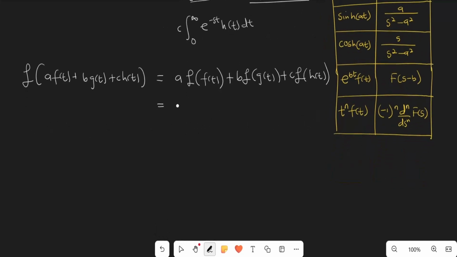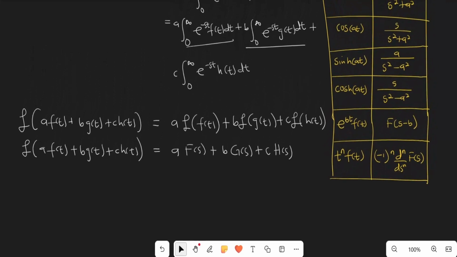So this one can be written as a, the Laplace transform of f of t can be written as capital F of s, plus b, the Laplace transform of this one can be written as G of s, plus c, the Laplace transform of that can be written as H of s. And this one is equal to the Laplace transform of a times f of t plus b times g of t plus c times h of t, like this.